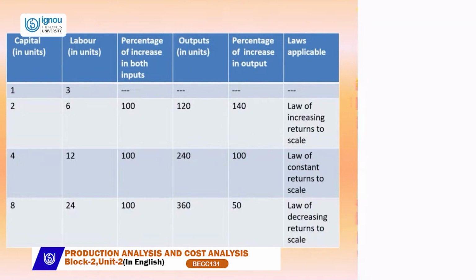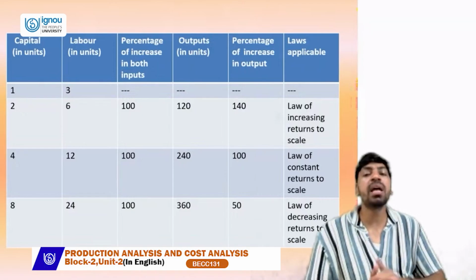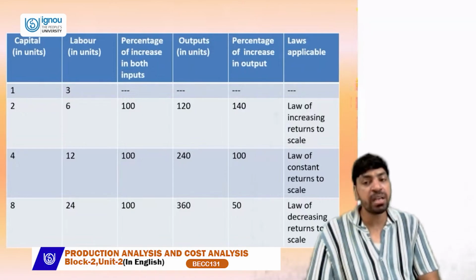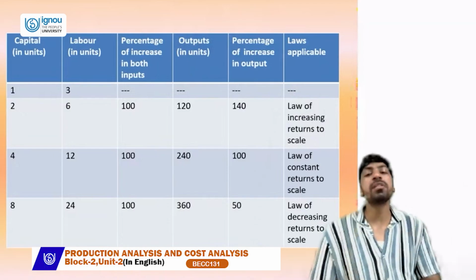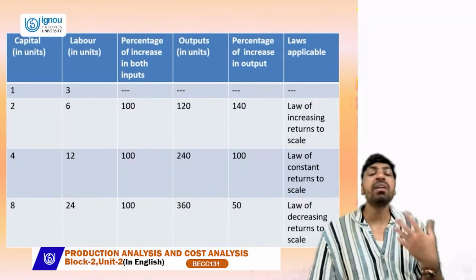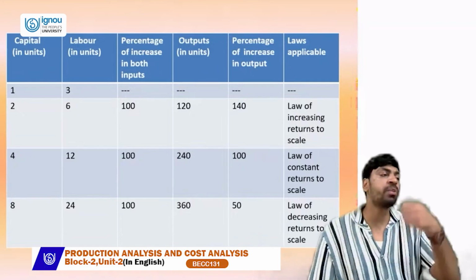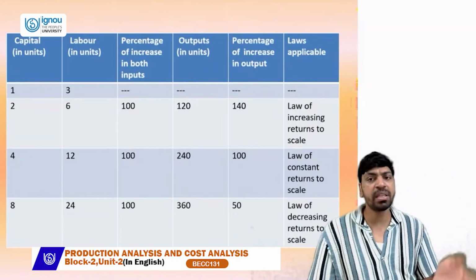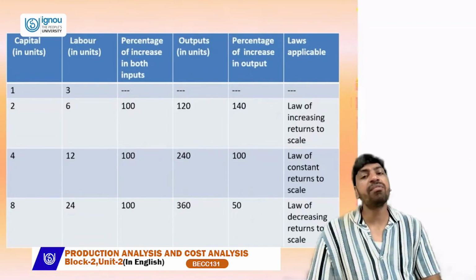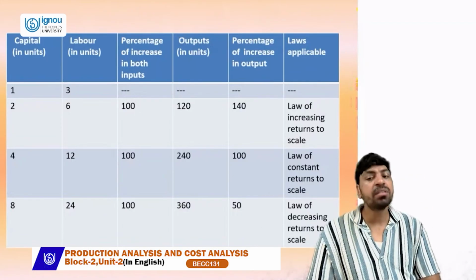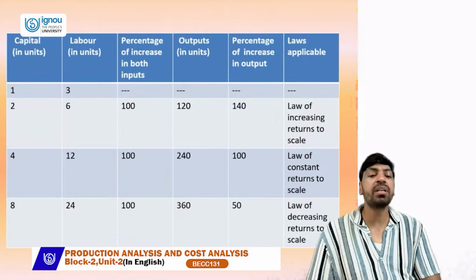But when the inputs and output both change equally, that means 100 and 100, that's called the law of constant returns to scale. When we talk about the law of decreasing returns to scale, the inputs influence the output, but the output is declining. That law is called the law of decreasing returns to scale.